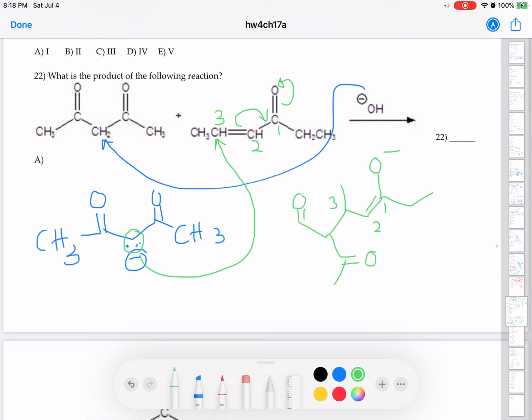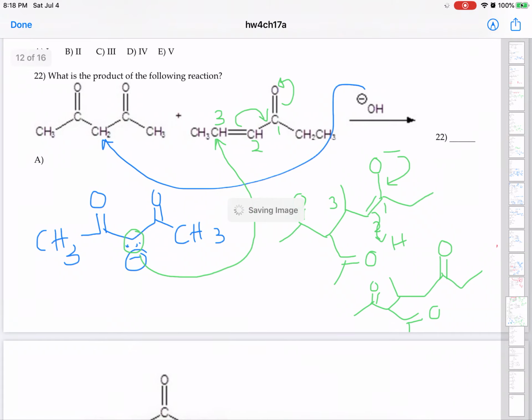This also has another methyl group, and then this will reform the ketone on that side, giving you the structure, which is the carbonyl group from this side, and then here you have a methyl group and this group. Okay, 1, 2, 3. So the third carbon.